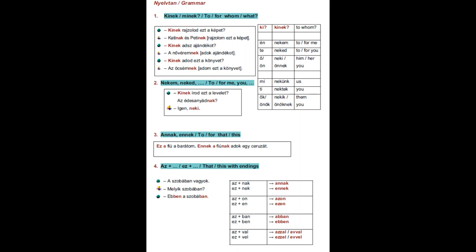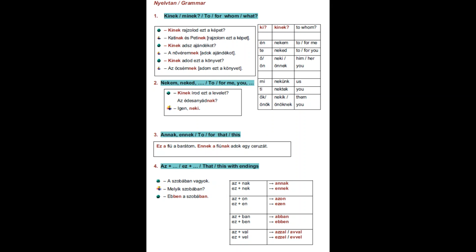So it's this, the boy, and then a barátom is the, my friend. These are just grammar and ways of language that are different than English. You'll just learn them. So, ez a fiú a barátom. This boy is my friend.